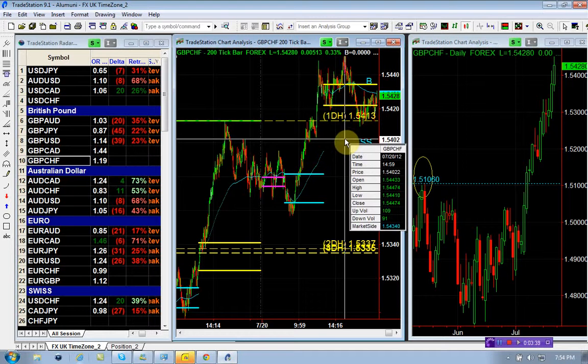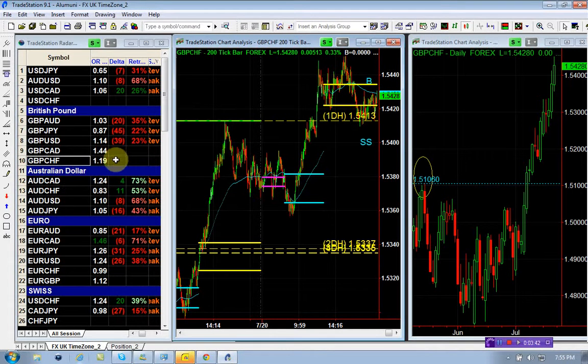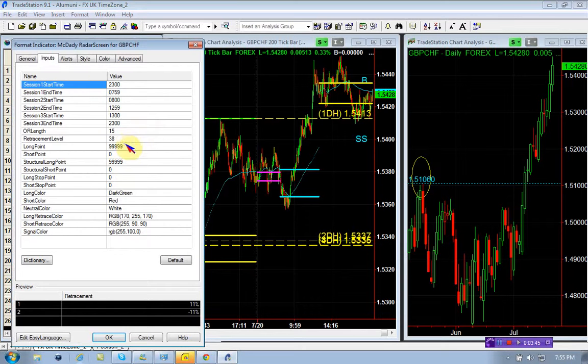So this is 154.47. So I'm buying it above 154.47. My stop is right there, 154.13. And if I go short right below 154, I'm just taking a quick short, just taking it below it for a bit.